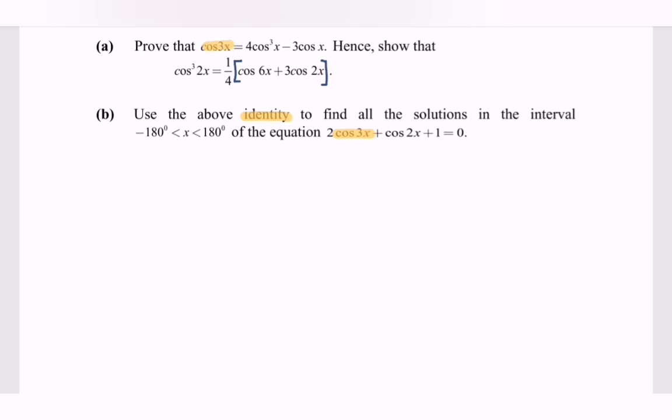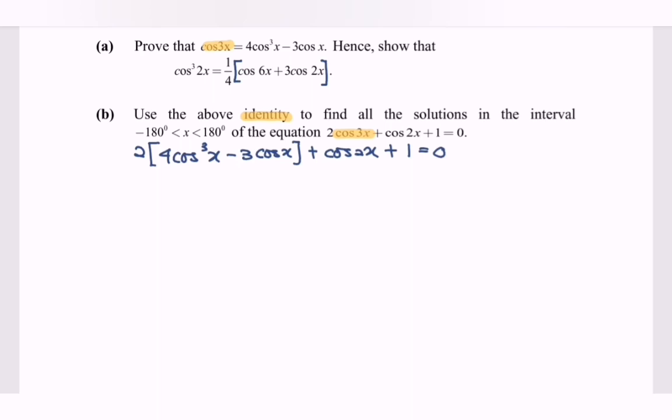Kindly substitute the situation. So 2 bracket 4 cos cube x minus 3 cos x plus cos 2x plus 1 equals to 0.